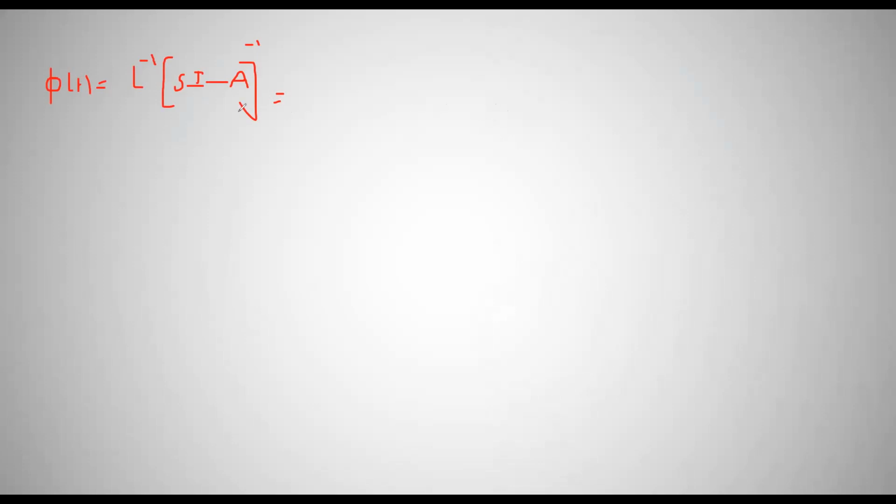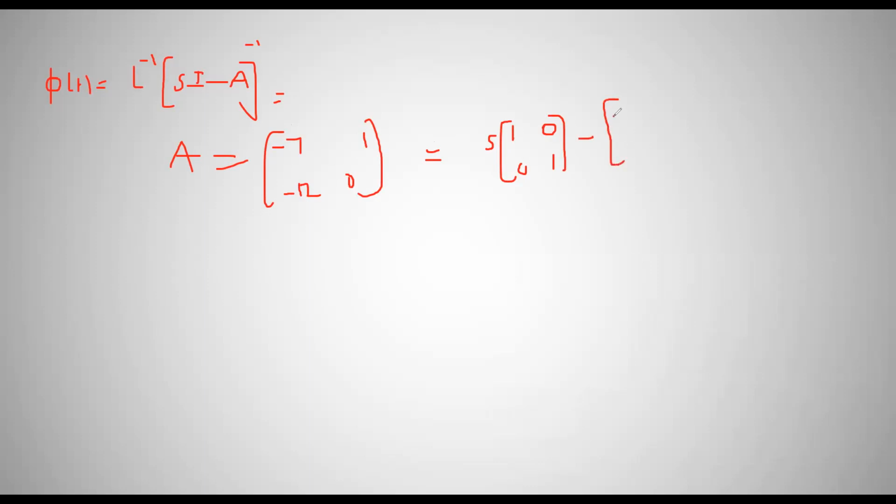So SI minus A whole inverse, what is the transfer function? What is the A matrix? A is equal to minus 7, 1, minus 12, 0. First, A matrix is a 2 by 2 matrix. Assuming the identity matrix 1, 0, 0, 1, minus, what is the A matrix? Minus 7, 1, minus 12 and 0.